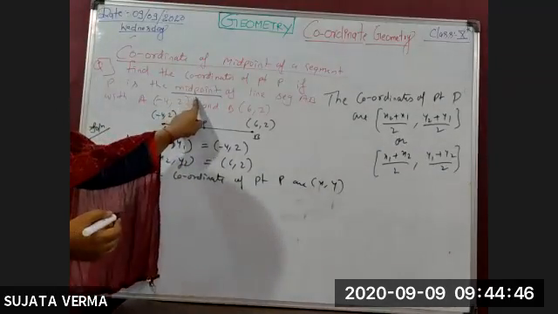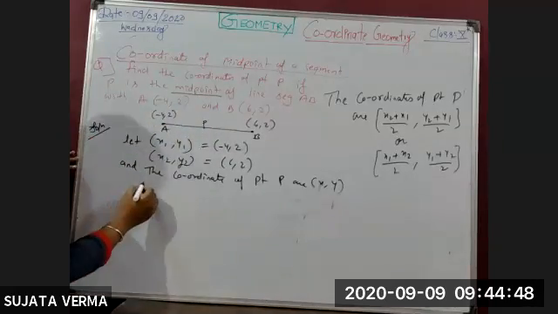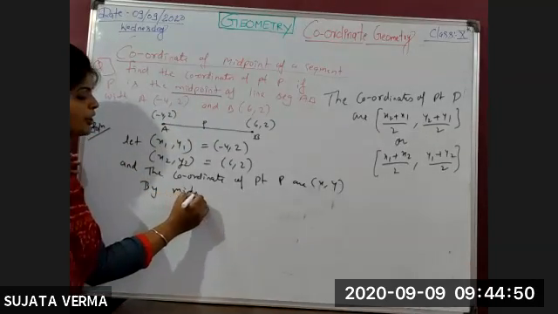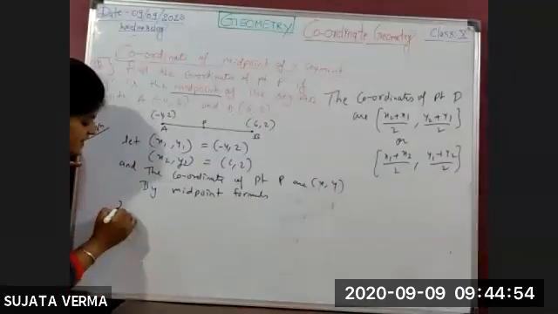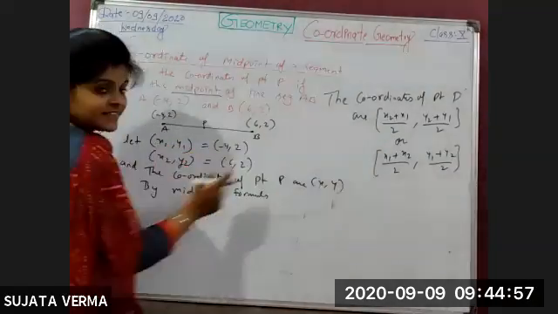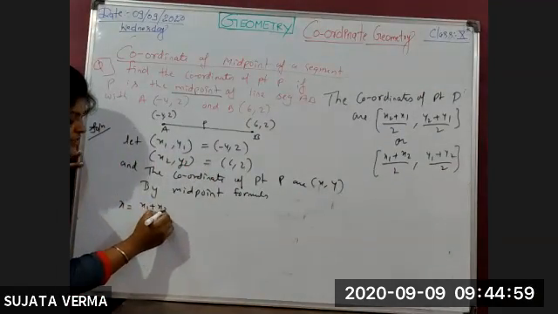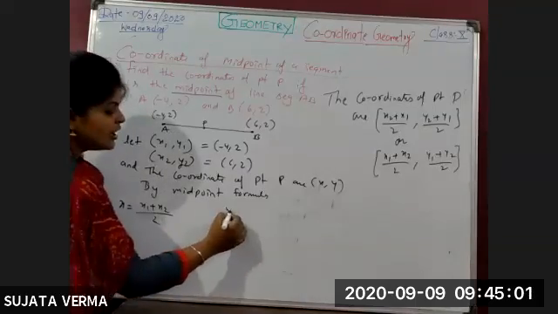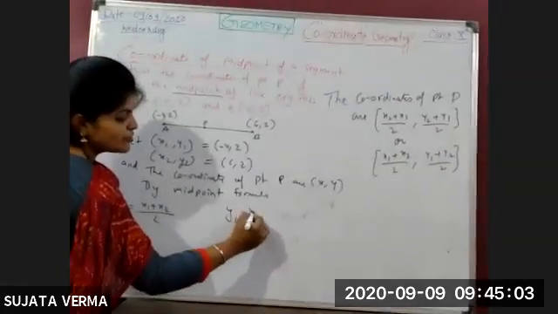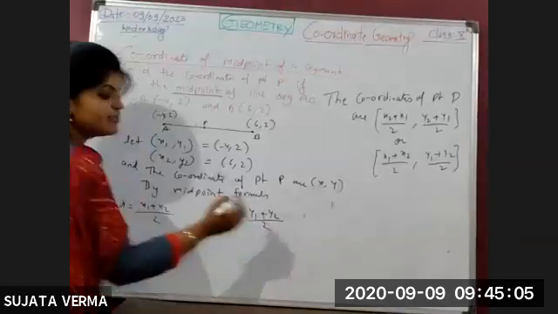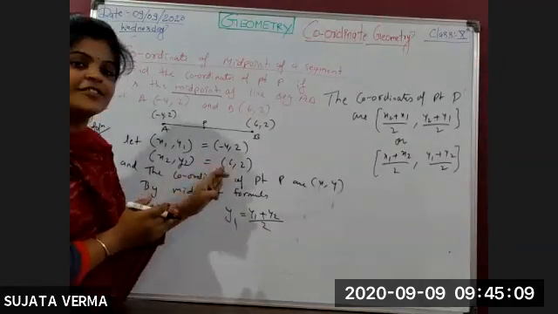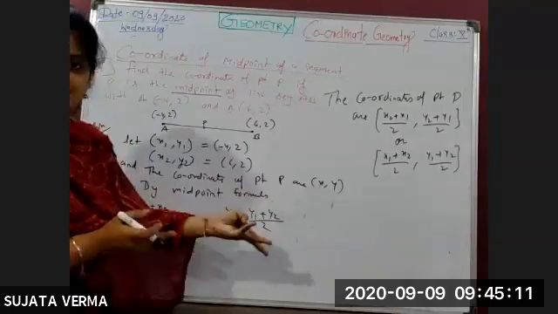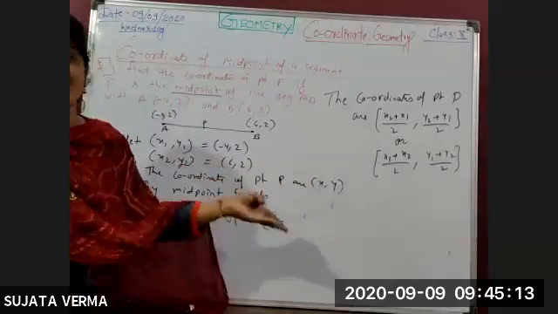Here the word is midpoint, so we use the midpoint formula. x is equal to x1 plus x2 divided by 2, y is equal to y1 plus y2 divided by 2. It's very simple. You have to put the values of x1, x2, y1, y2, then you will get the values of x and y.